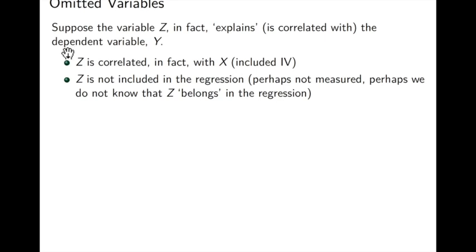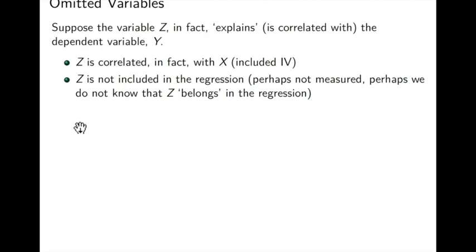So imagine that ability is correlated with education. Probably not a ridiculous thing to imagine, at least. Now, if we did not include ability, if z was not included in the regression, this could come about in a number of ways. Maybe we just don't have a way of measuring ability. Maybe we do, and we as the researcher just haven't included it.